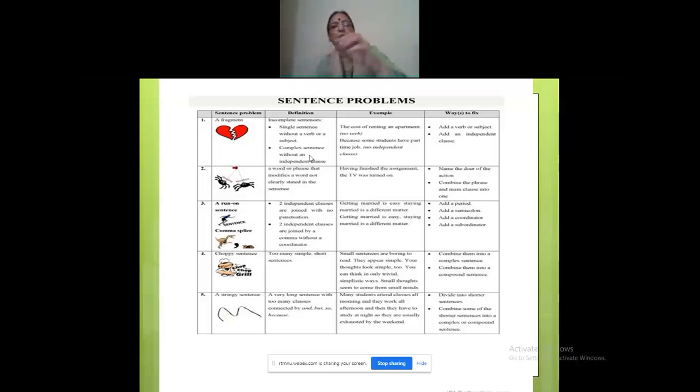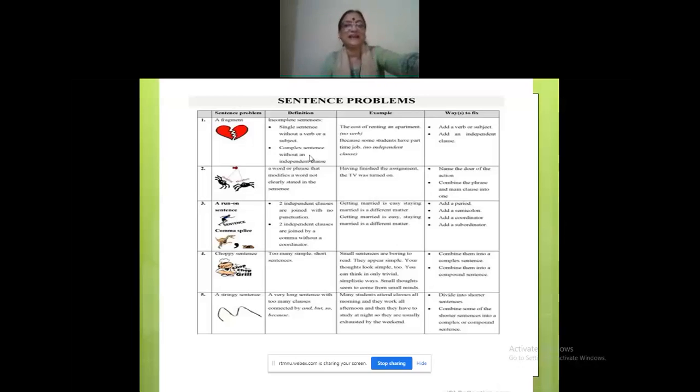You can use a coordinator, that is the coordinating conjunction, with a comma before that, or you can use a subordinate conjunction: although getting married is easy, comma, staying married is a different matter. That's a subordinate conjunction.